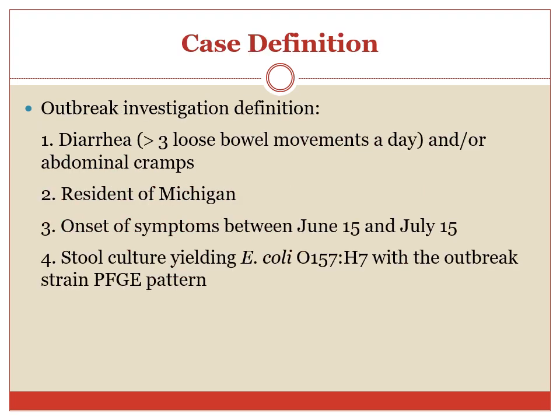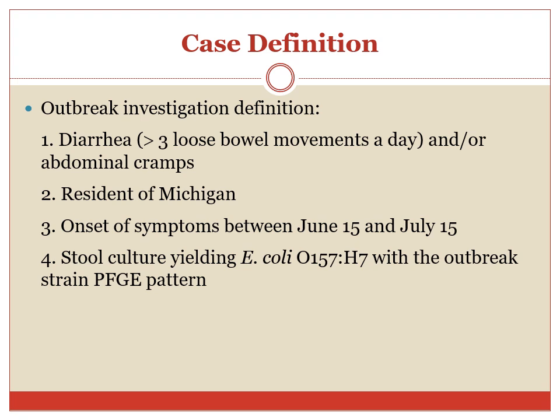So in our example, the outbreak investigation definition includes diarrhea, which is the clinical finding, more than 3 bowel movements per day and/or abdominal cramps. Who are the people and where is the place? It's the residents of Michigan. What about time? It's the onset of symptoms between June 15 and July 15.